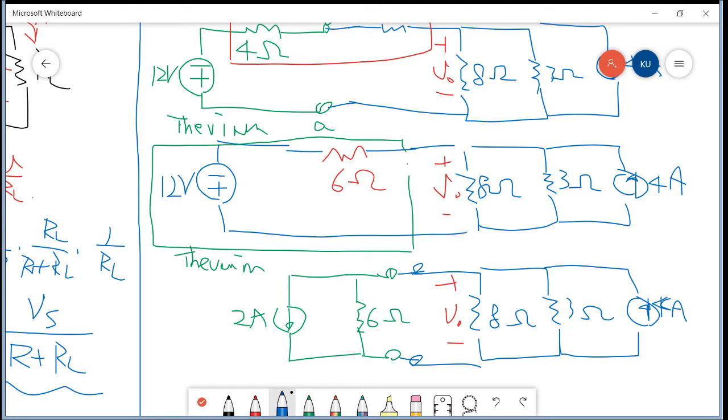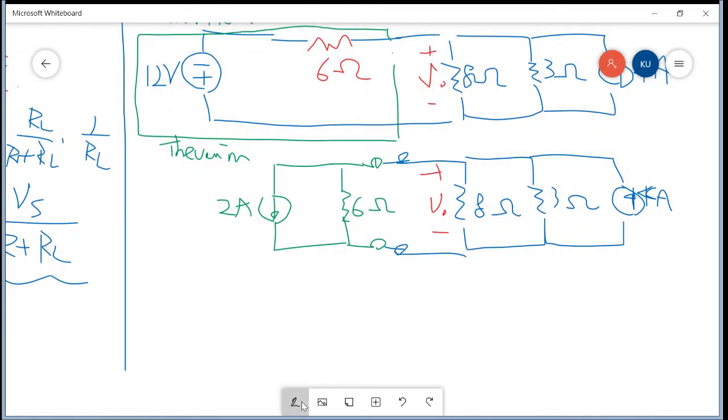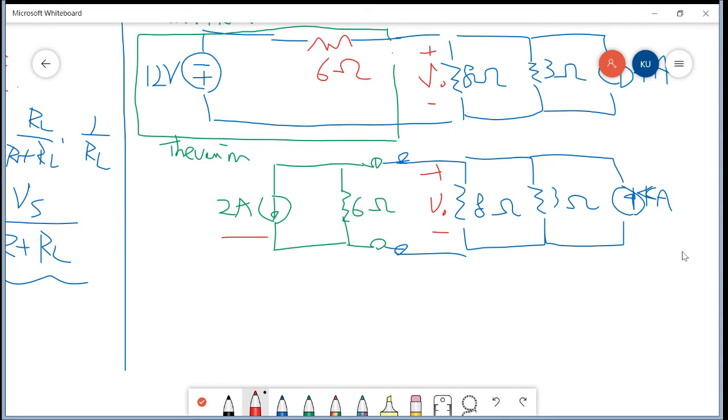So finally, we can further simplify the circuit. So finally we have this is 2A pointing downward, this is 4A pointing upward.